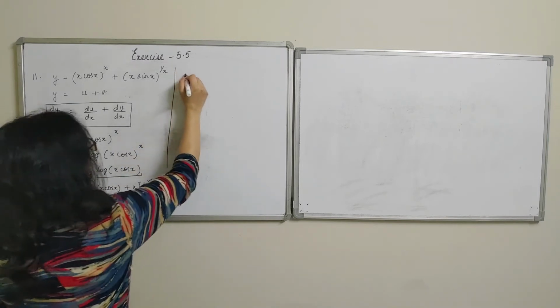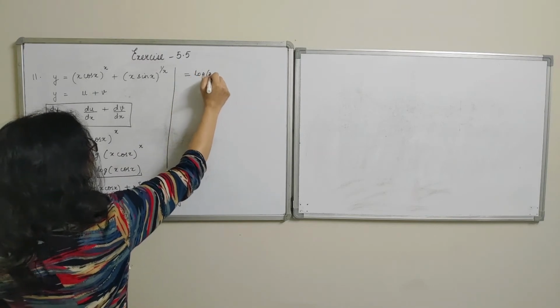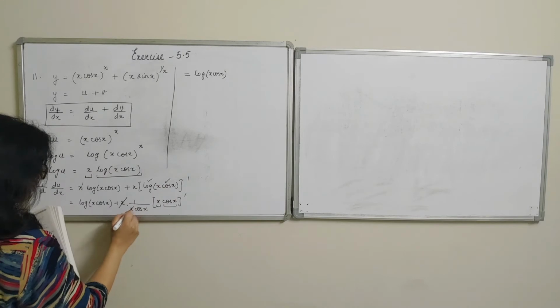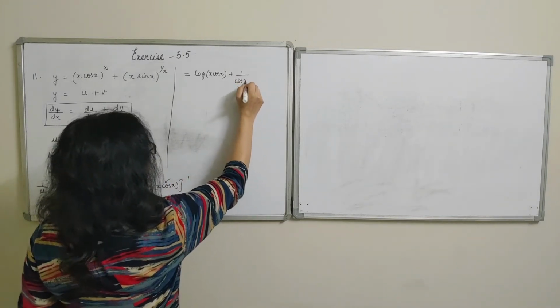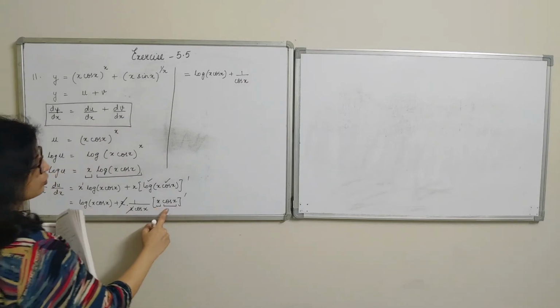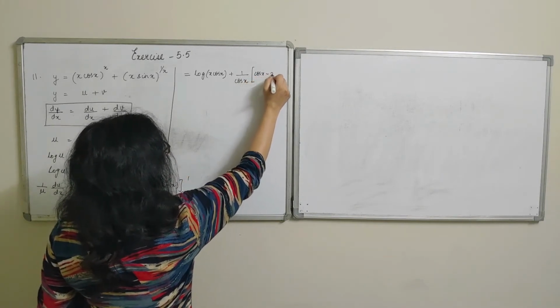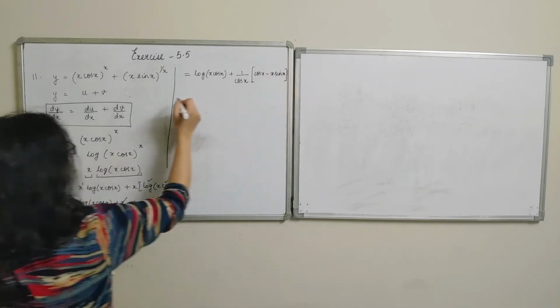So right side is log x cos x, and in this term here we can cancel x, so plus 1 upon cos x, and applying the product rule here we get cos x minus x sin x.